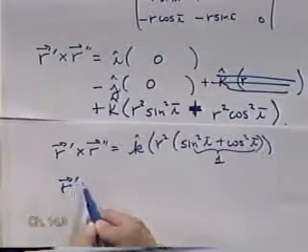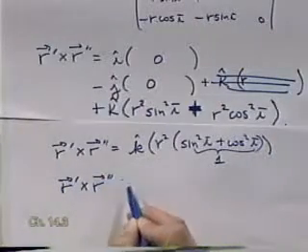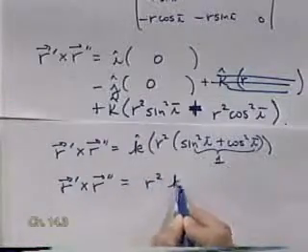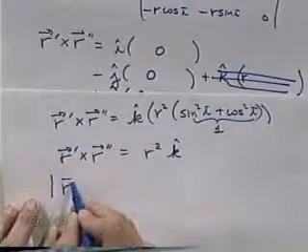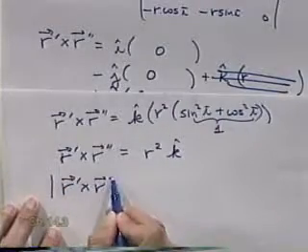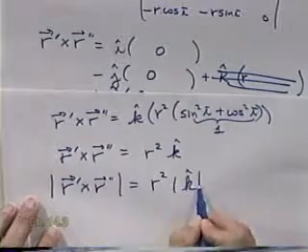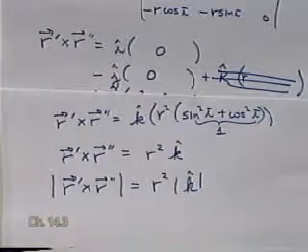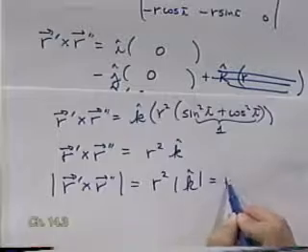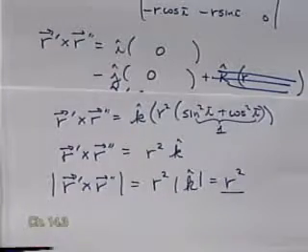So r prime cross r double prime is equal to r squared times k. So the magnitude is the magnitude of r squared, which is r squared, times the magnitude of k. But how long is k? It's a unit vector, of length 1. So we already figured out the numerator for our curvature: r squared.